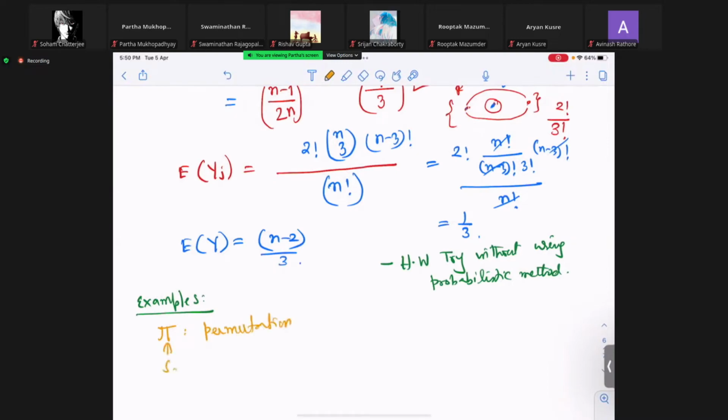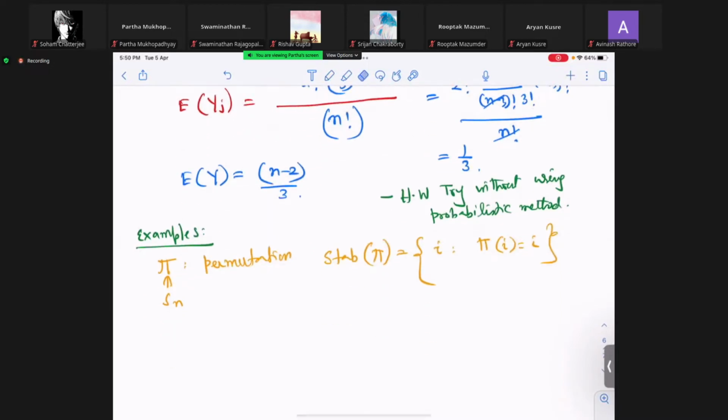Or the set, and I can define the stabilizer point of pi, that is simply those points i such that pi(i) equals i. This is like a fixed point. The permutation has not moved this point. That means, if you like that rectangular notation, this i has moved to i.